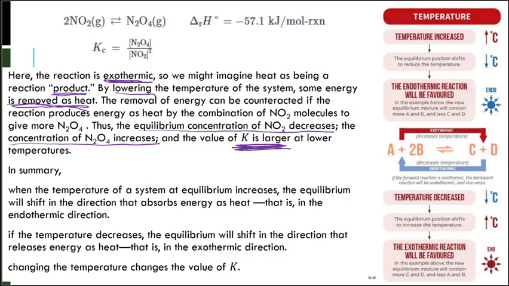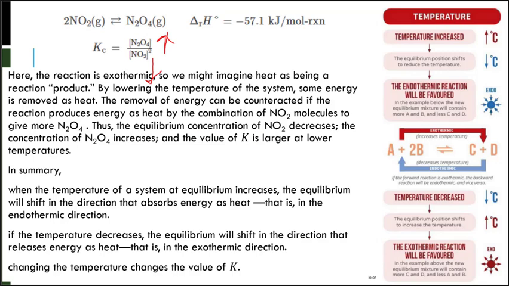Let's look at an example that's exothermic. In this case, this reaction has a delta H that's a negative value. So heat is part of my products. By lowering the temperature of the system, some energy is removed as heat. If we remove energy, that can be counteracted if the reaction produces energy as heat by the combination of NO2 molecules to give more N2O4.